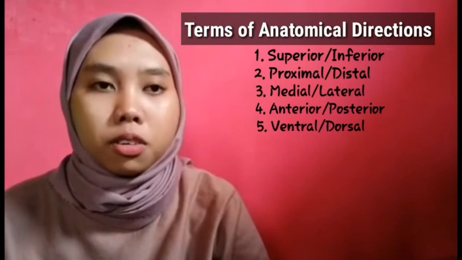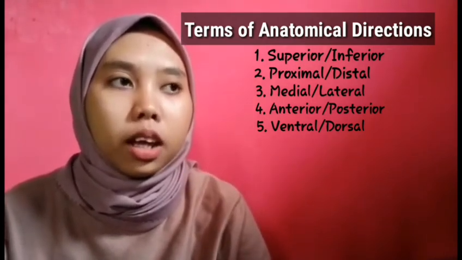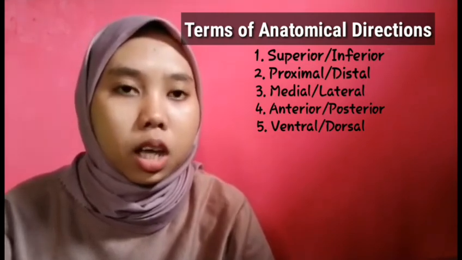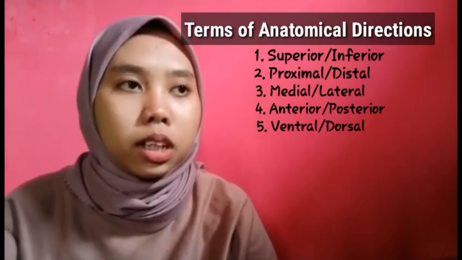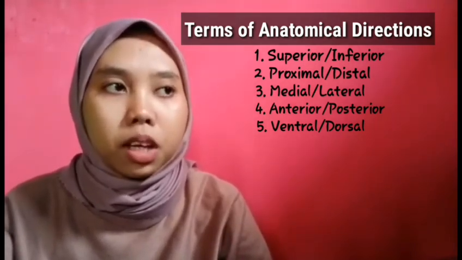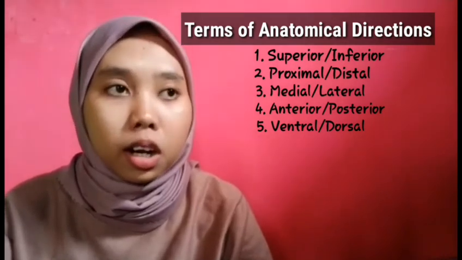Five, ventral or dorsal, equivalent to belly side and back side of a body in anatomical position. For a human in anatomical position, this pair of terms is equivalent to anterior and posterior.